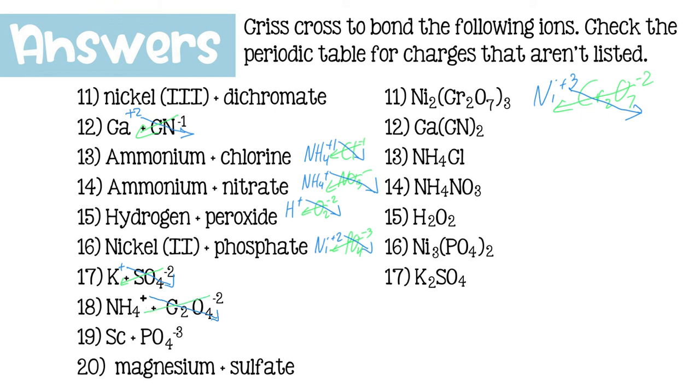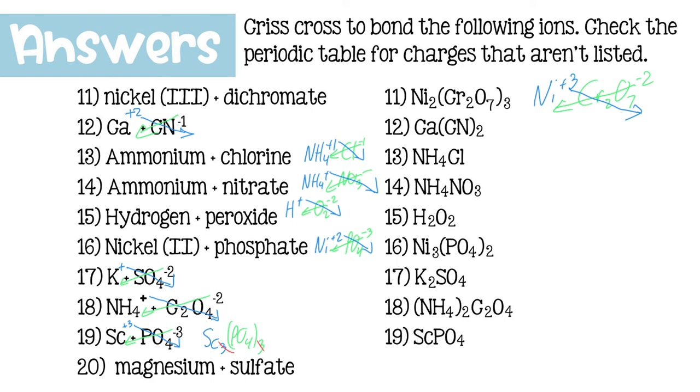We have 2 polyatomics, but we can still crisscross and we get (NH4)2C2O4. For number 19, we have Sc, which has a +3 charge, and PO4, which has a -3 charge. When we crisscross these, we get Sc3(PO4)3, which then reduces down to ScPO4.